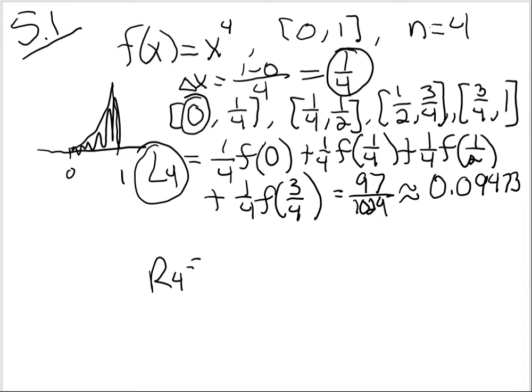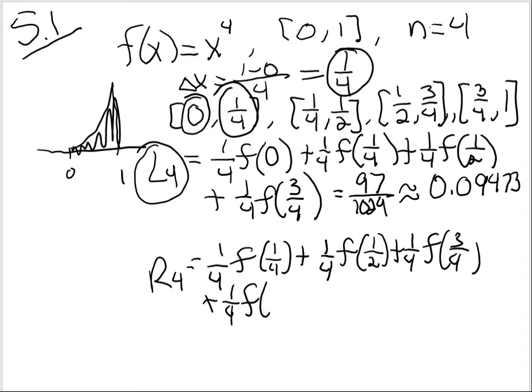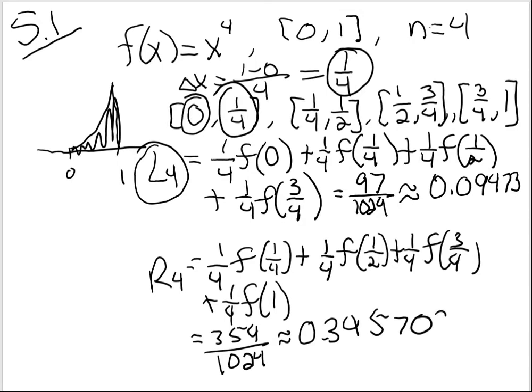What about R4, using the right endpoints? Well, it's the same, you're just picking different x values. You start at 1/4, you're using the ones on the right. And you'll get approximately 0.345703.